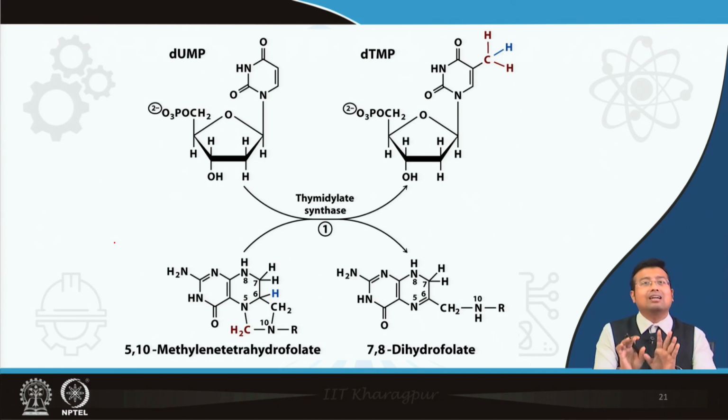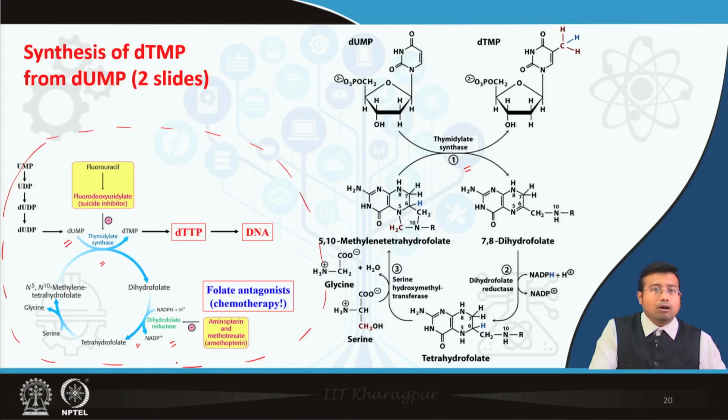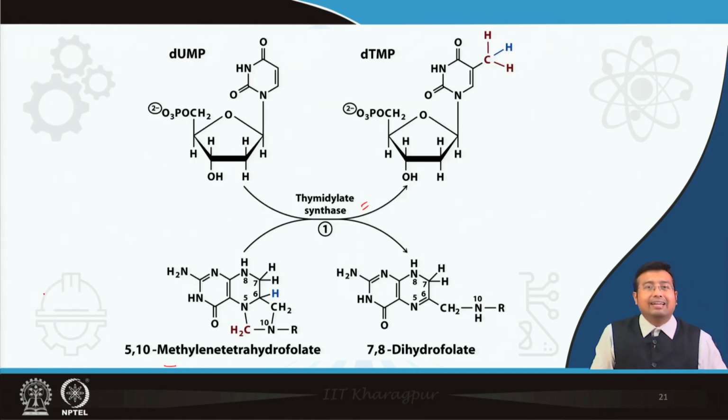So this is nothing but a methylation reaction done by the enzyme thymidylate synthase, dUMP to dTMP. Who is the methyl donor? The common methyl donor, we came across this molecule in multiple areas, N5,N10-methylene tetrahydrofolate. It is often abbreviated as 5,10 or often written as N5N10.